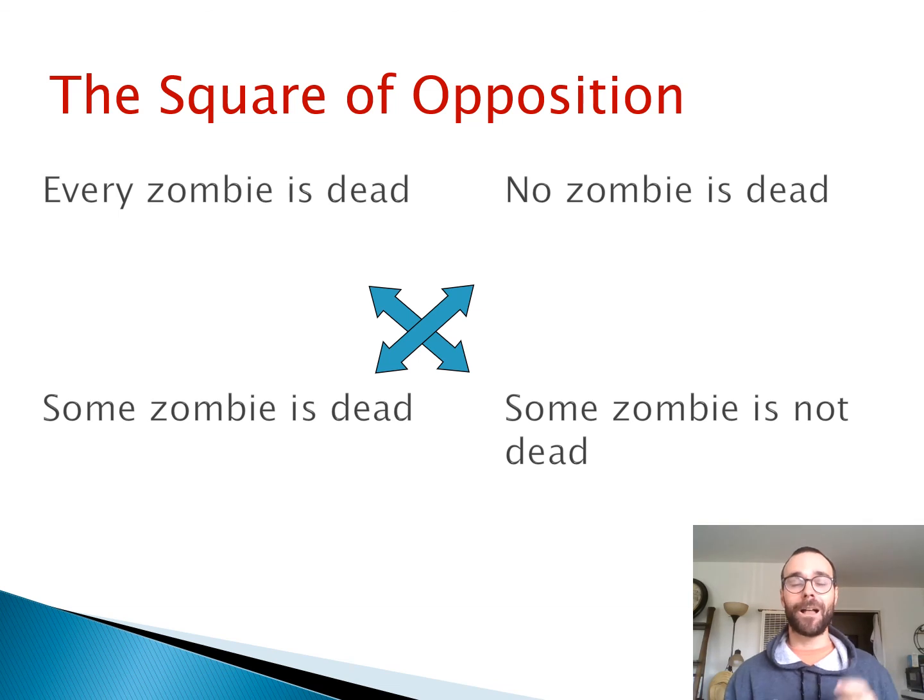And so while I can imagine that every zombie is dead, there is no such thing as some zombie. So when we think back to a Venn diagram, crossing out a section makes sense. But just because we cross out a section, it doesn't mean there's something left in the open section.